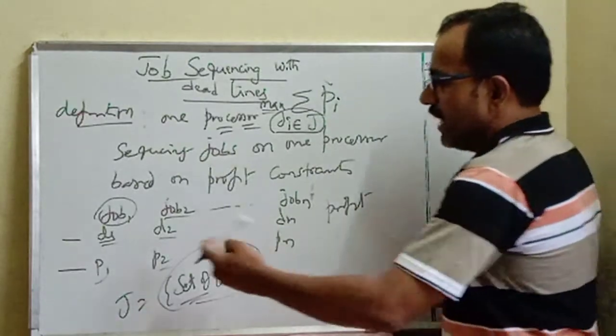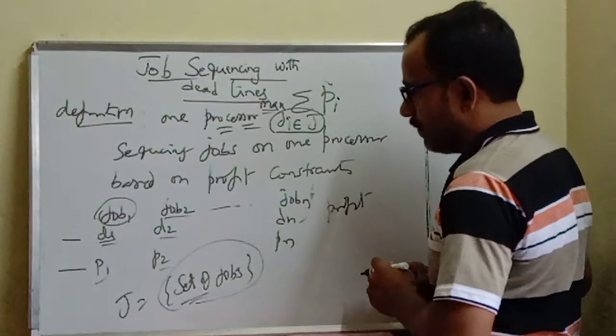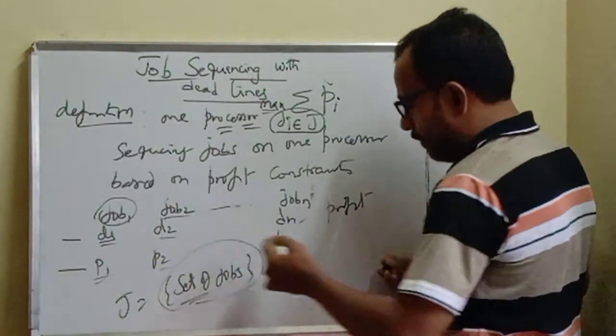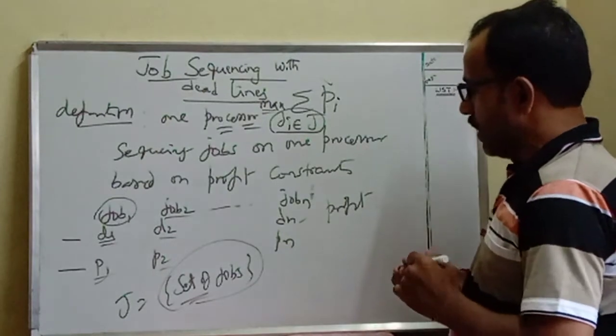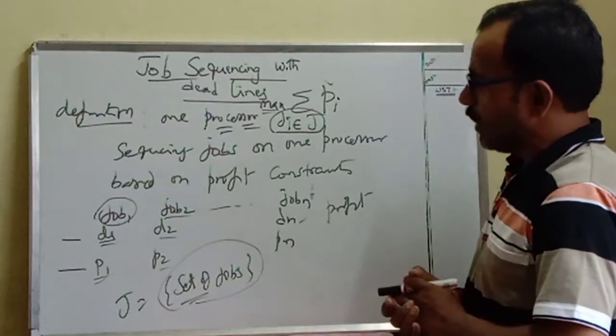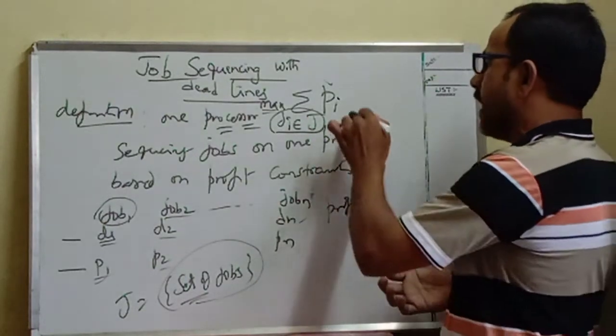D1, D2, D3, so on Dn are the deadlines of the given jobs, and if we execute all the jobs within the deadline, we get P1, P2, so on Pn as the profits. I will tell you what the deadline is and how we can select the jobs so that we get the maximum profit.